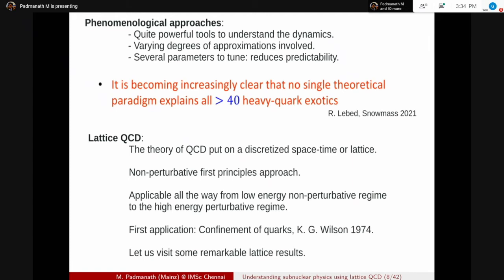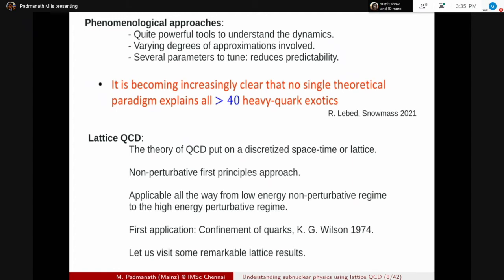Just to highlight this, for the exotic sector, people are using these kinds of approaches, and I'm just quoting one person who is a leading scientist in this regard. He says that it is becoming increasingly clear that no single theoretical paradigm accounts for all the more than 40 heavy quark exotics. So that basically means that phenomenology alone is not sufficient for us to understand what the nature of these exotics is.